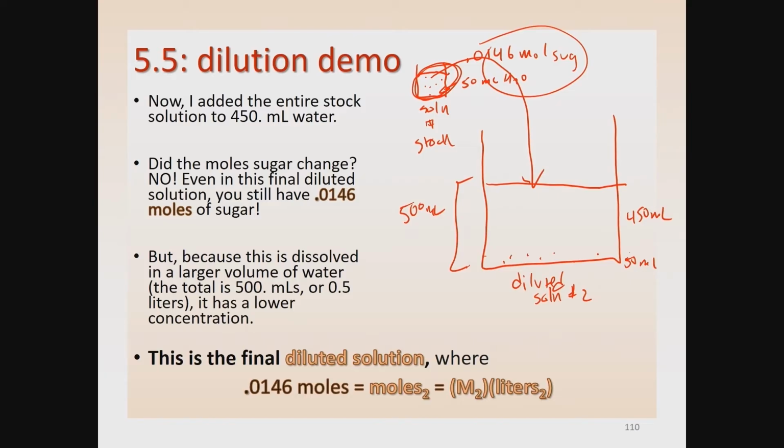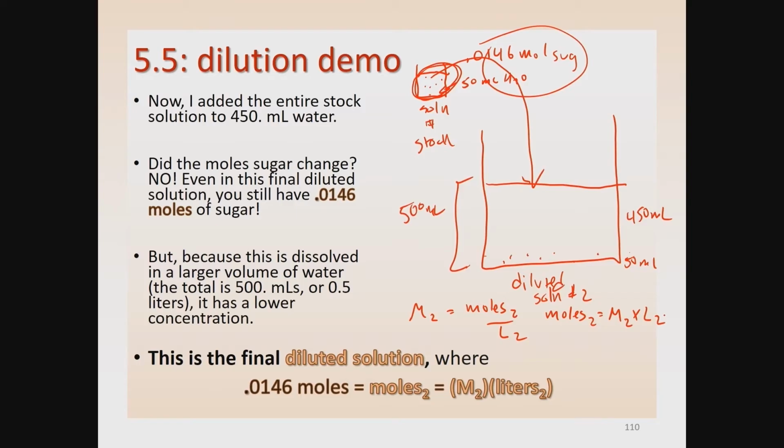So what we can write out for this solution, diluted number 2, is the molarity of that solution, we'll say M2, is equal to the moles divided by the volume in liters. Now, we can rearrange this equation. Moles of solution 2, the diluted solution, is going to be merely the molarity of it times the volume of it in liters.